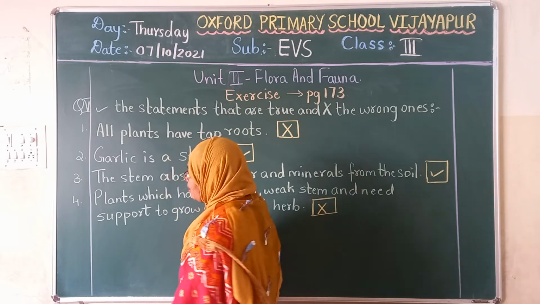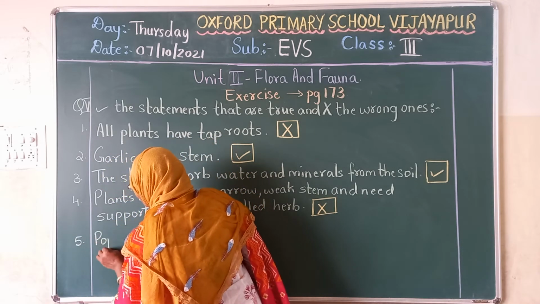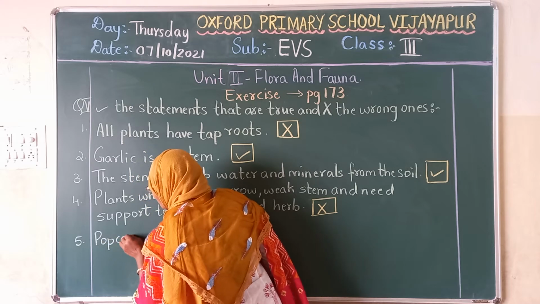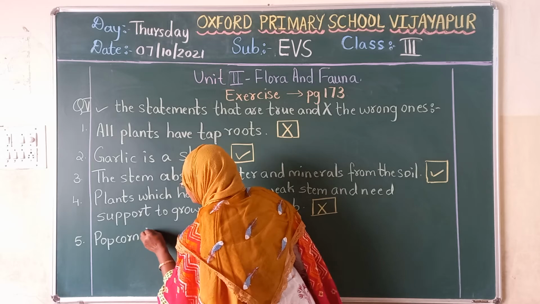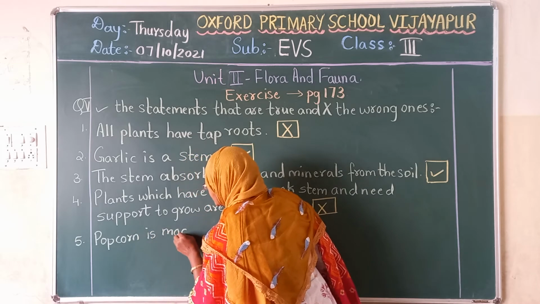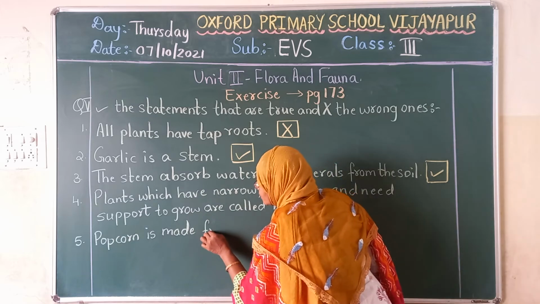Fifth one is popcorn is made from the seeds of the maize plant. Already children, you are very fond of popcorn, isn't it?